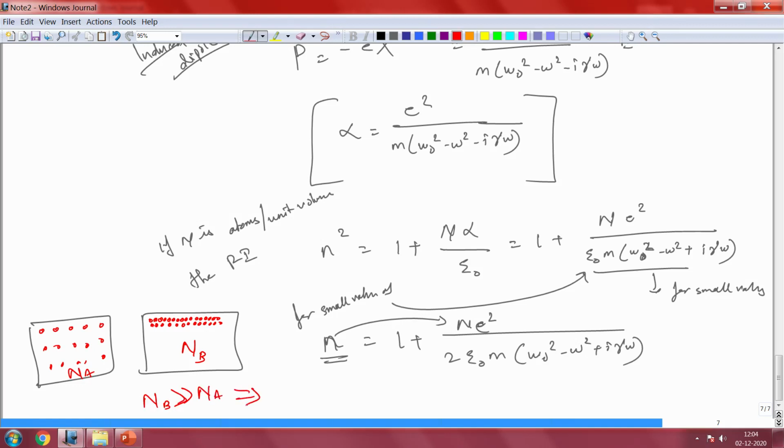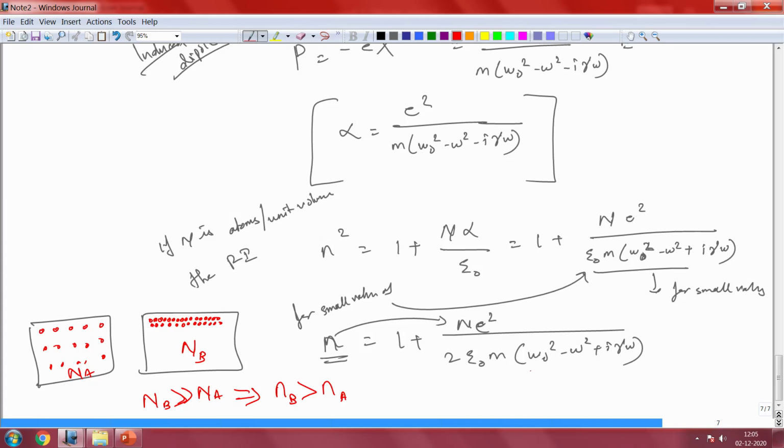What this implies is the refractive index of B will also be greater than the refractive index of A. So a material which is denser will have higher refractive index. You can go back and cross-check this with different materials. Look at their number of atoms per unit volume with respect to the refractive index. You will see this happen.